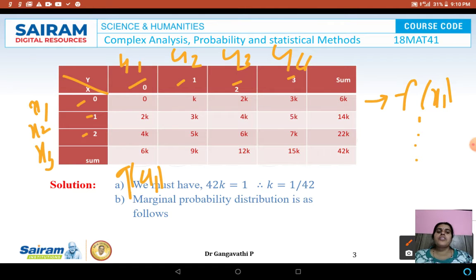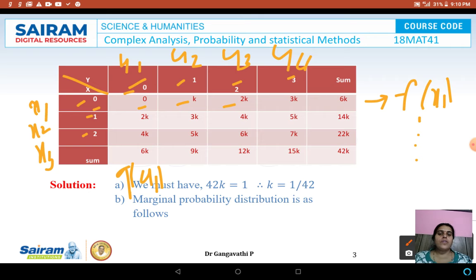The given function is f of x comma y, which is equal to k into (2x plus y). With that, substituting suitable values for x and y, when x is 0 and y is 0, we get the joint distribution as 0. When x is equal to 0, y is equal to 1, we get this. When x is 0, y is 2, this.